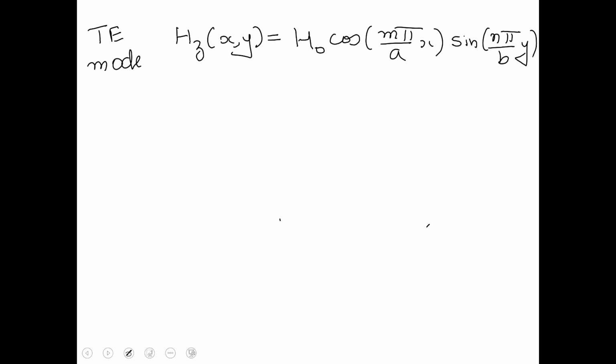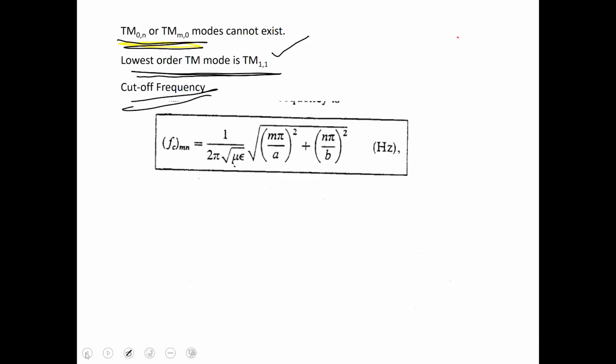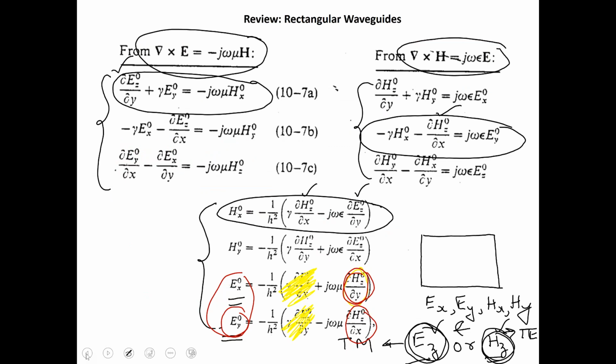So it can take these values over like that. From these equations and then applying what we had seen before, applying these terms over here, we can now get the values of the other four fields in the transverse direction.